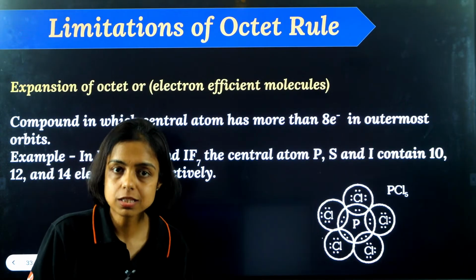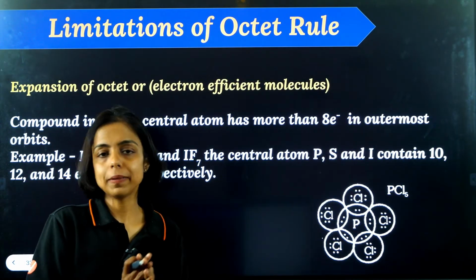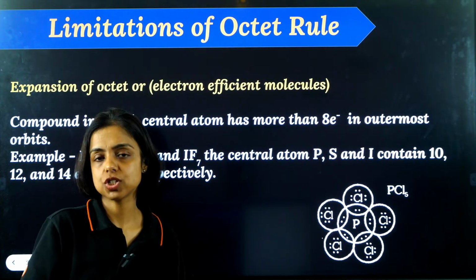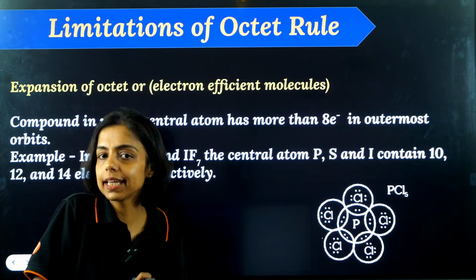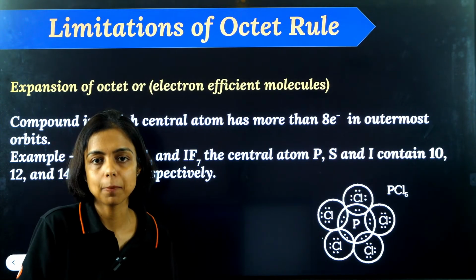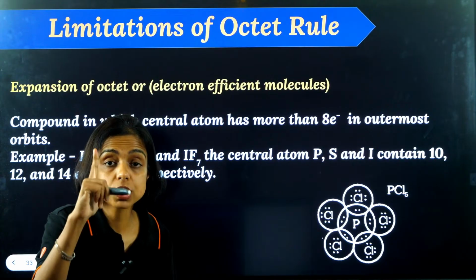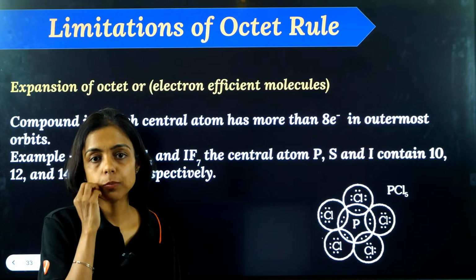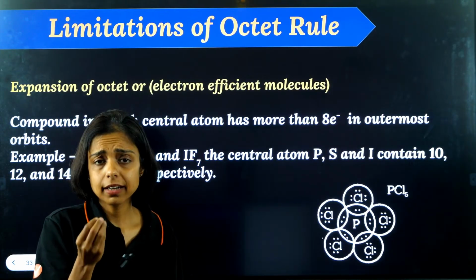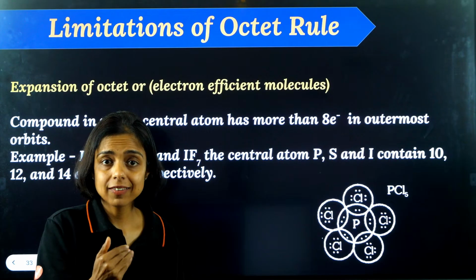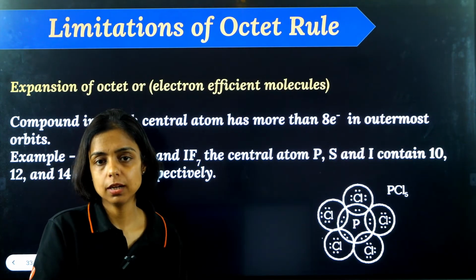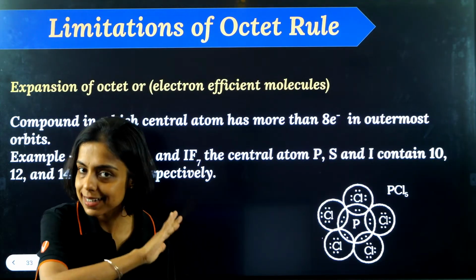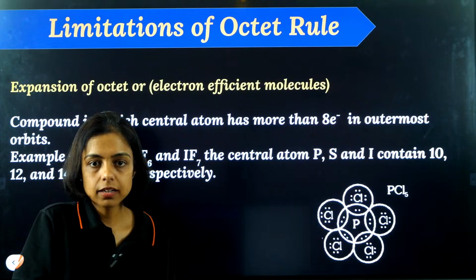They cannot have more than 8 electrons in any of their compounds. Remember, these questions are asked. If you see any second period element, beryllium, boron, nitrogen, oxygen, fluorine, having more than 8 electrons in a molecule, that is invalid, that molecule doesn't exist.